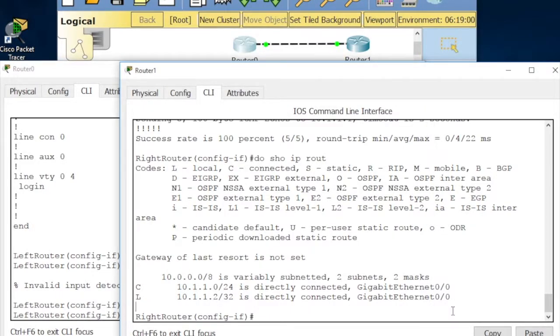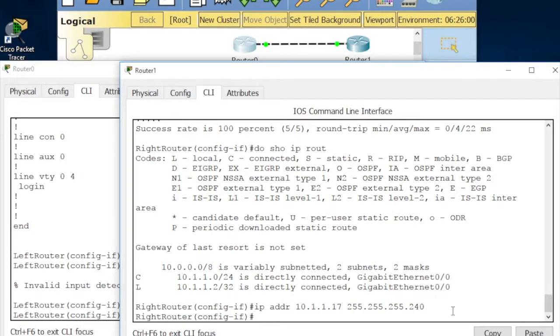And go on here, say IP address 10.1.1.17 255.255.255.240. Now let's see what happens when I try to ping between these two addresses.